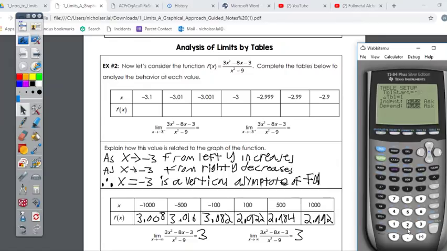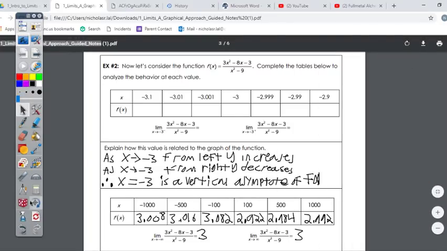Negative 10,000, it's approaching 3. And looking at this function right here, think about it. As x approaches infinity, you're going to have 3 infinity on the numerator, infinity on the denominator. Everything else is going to become not relevant. And so 3 infinity over 1 infinity just becomes 3.